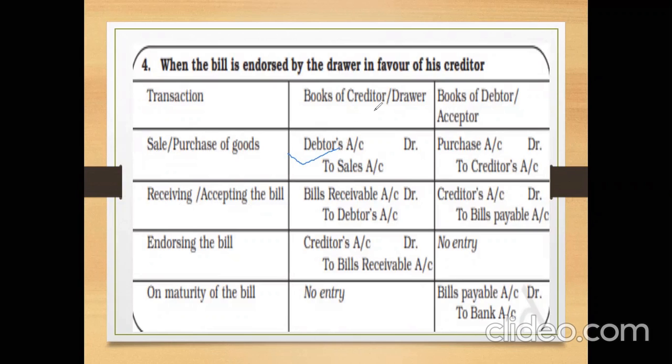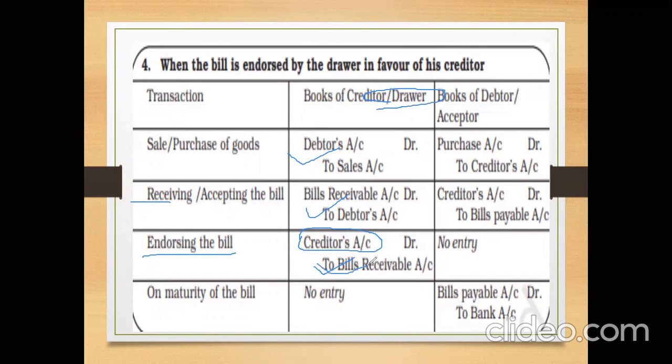Receiving or accepting the bill. So here in the books of drawer, it is receiving of bills of exchange. Instead of cash, the drawer is receiving bills of exchange: bills receivable account debited to debtors. Endorsing the bill: now to his creditor, the drawer will pay bills receivable instead of cash.